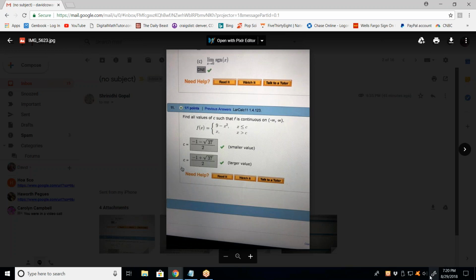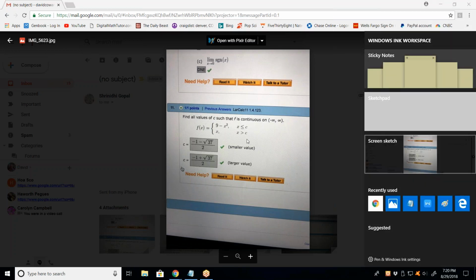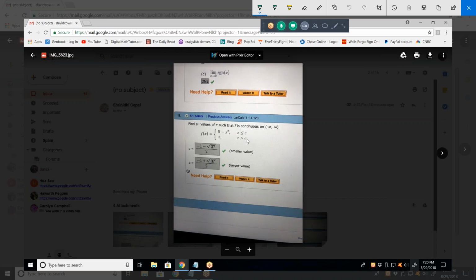In other words, we have two piecewise functions here, so however these graph, I need that to equal that. So you would set 9 minus x squared equal to x? Yep, 9 minus x squared equals x, which gives you x squared plus x minus 9 equals 0.